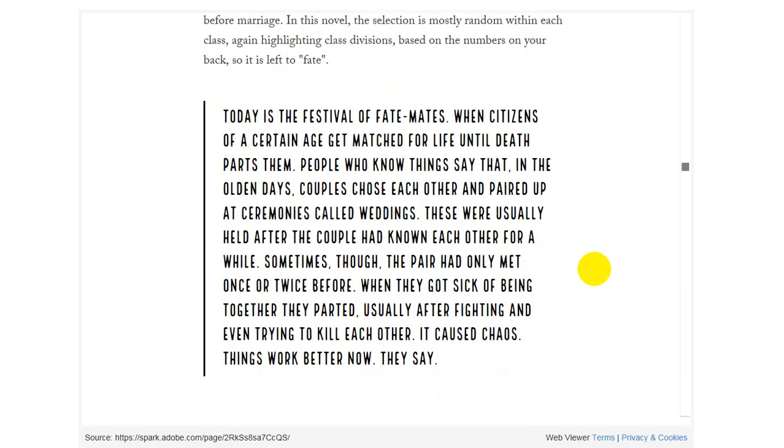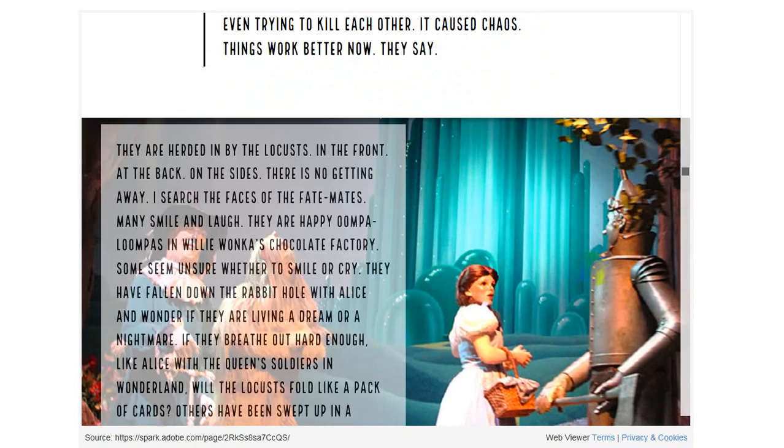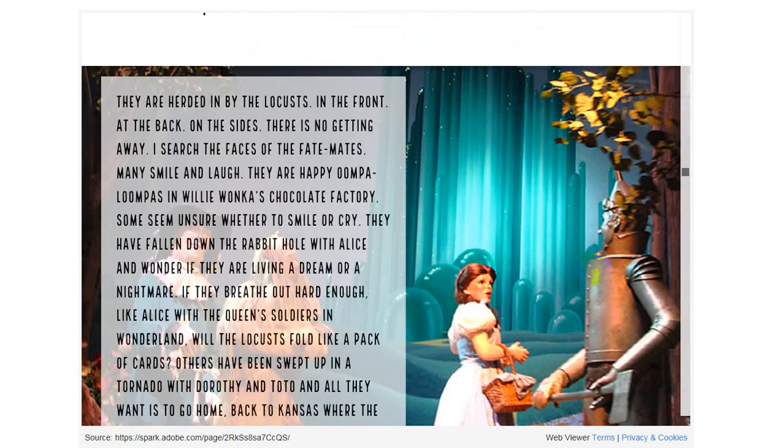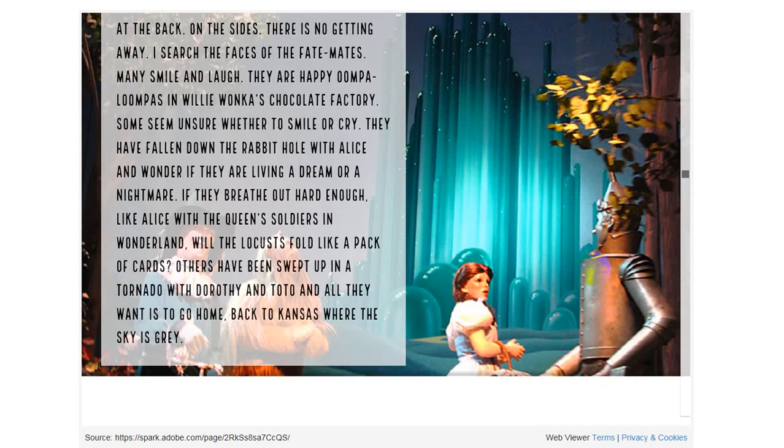And she speaks about how people are herded like cattle by the locusts, and how some seem happy. It's like they've accepted their lot, they've internalized their oppression, but some cry, some are upset about it. And we learn quite a lot about Edyth from the way she describes things.